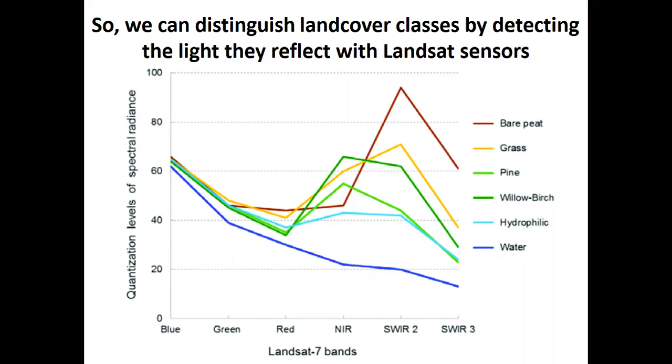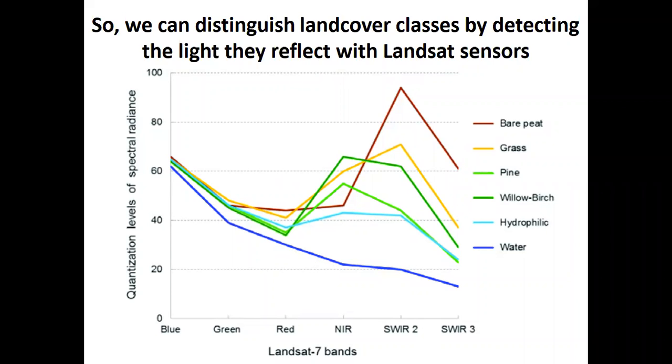So you could see a very big difference between water, background, tree vegetation and grass vegetation, for example, in near infrared and shortwave infrared light. And also in the visible part of the spectrum, the red light is the most important.